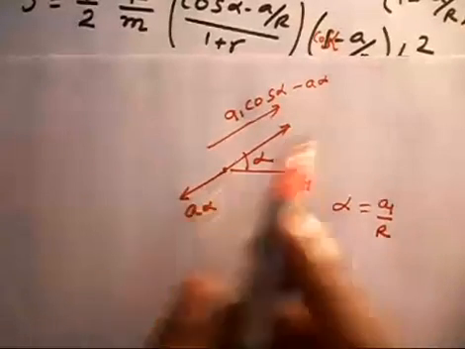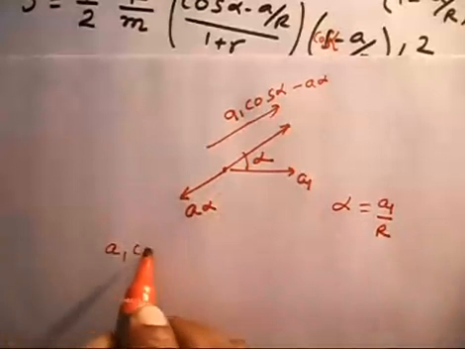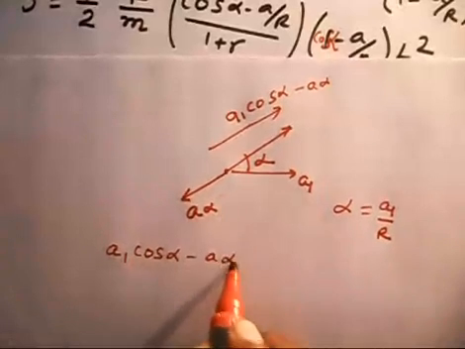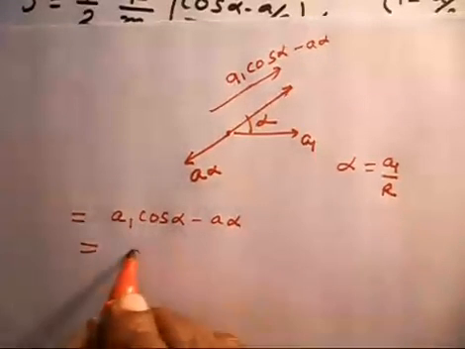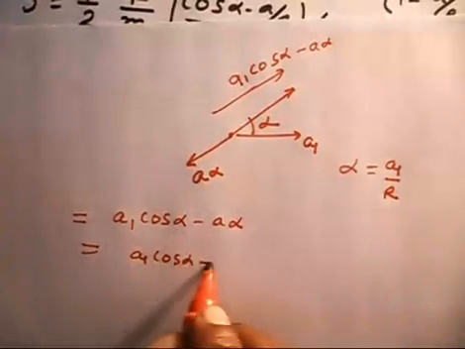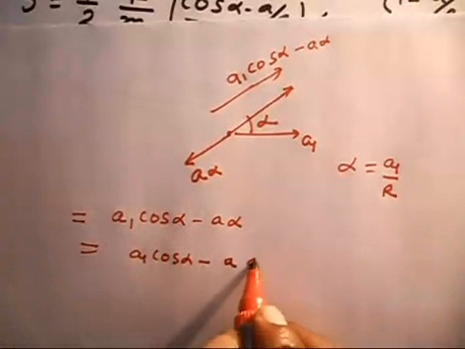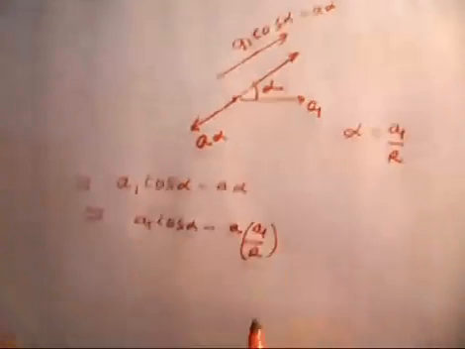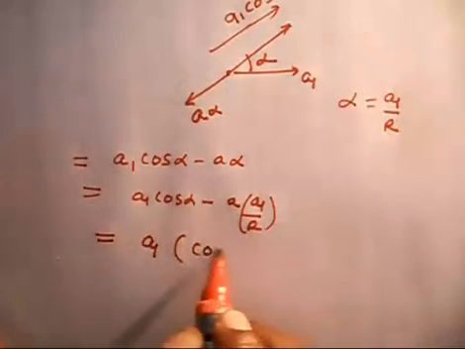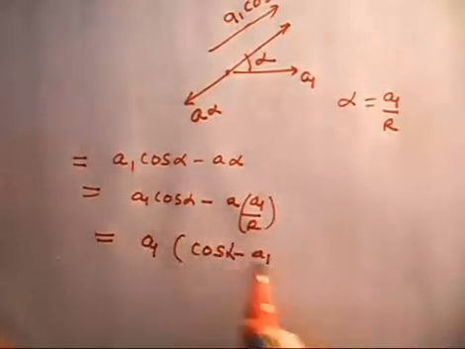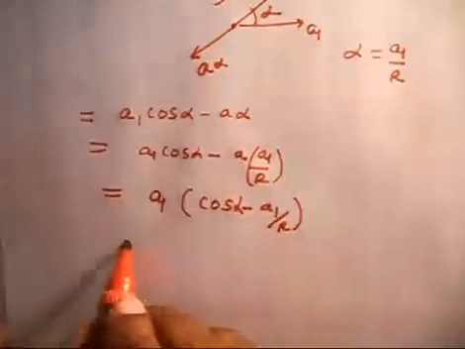So the resultant acceleration is a1 cos alpha minus a alpha, and a alpha is nothing but a1 by r. If I take a1 common, this is simply cos alpha minus a1 by r. And I know a1.